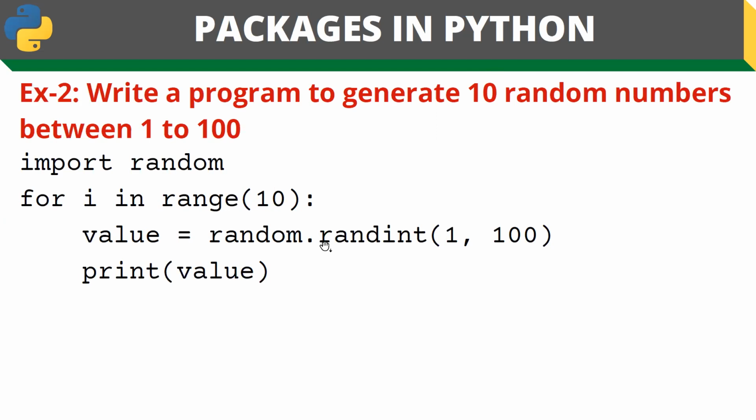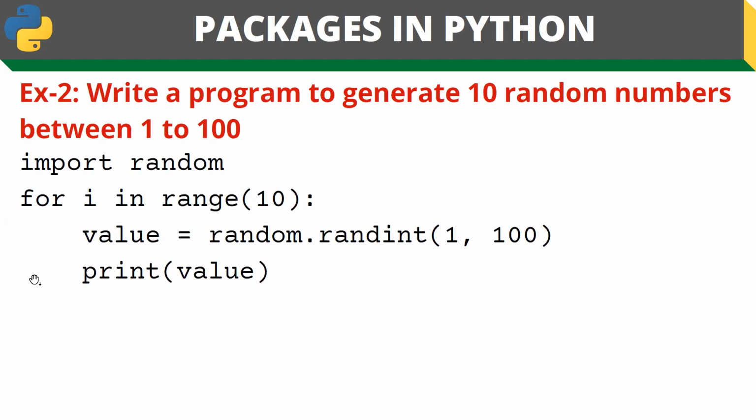Then value equal to random, the package name random dot, then the method randint with the range 1 comma 100, then print the value. The result is stored in the variable value, print of value. What will you get? Random numbers between 1 to 100. Remember, every time you execute the program, the random numbers change. These are not fixed, but the range is fixed between 1 to 100 only.